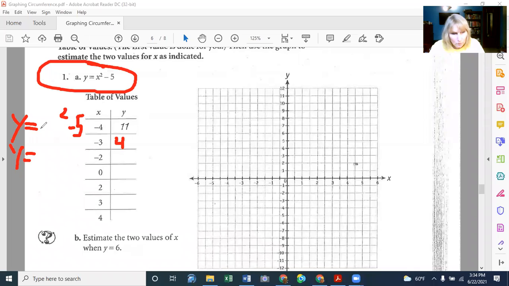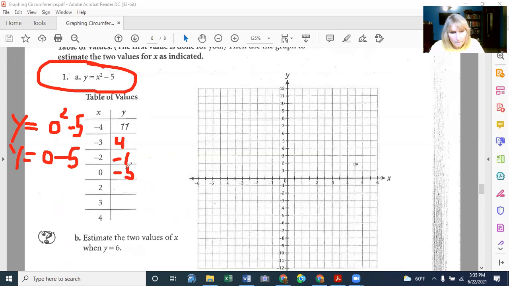Okay, and then let's plug in the next value. -2, and we're going to square that one. -2 squared is 4, and then 4 minus 5 is -1, correct? Then we're going to plug in 0, and 0 squared is just 0. So it'll be 0 minus 5, which gives us -5.